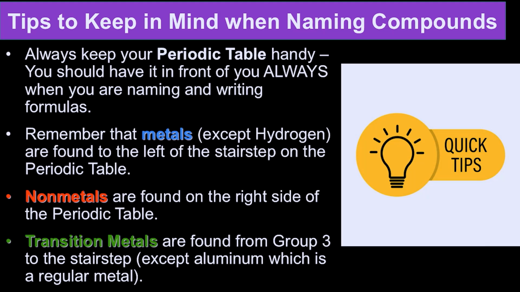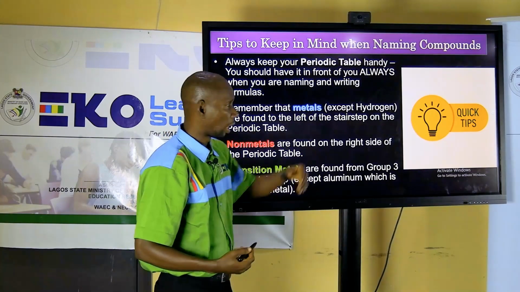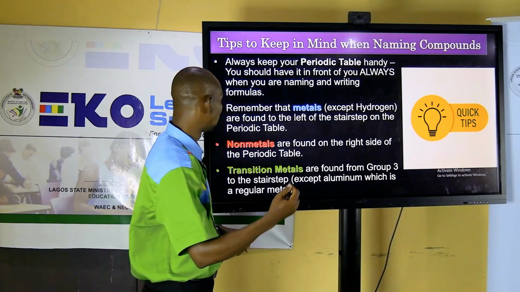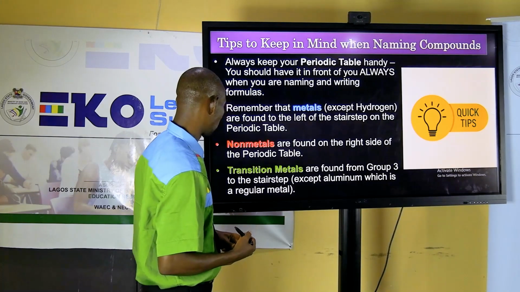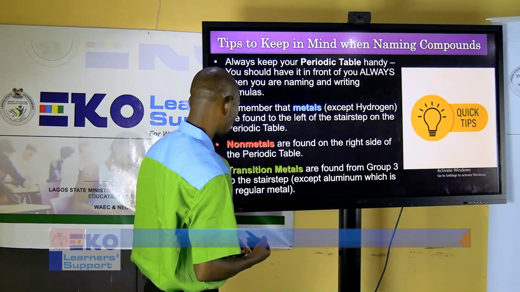You have the group 1, the group 2 elements, and of course, to your far right there, you have the non-metals ending at the noble gases. So the transition metals are usually between the group 1 and 2, as well as the other groups.